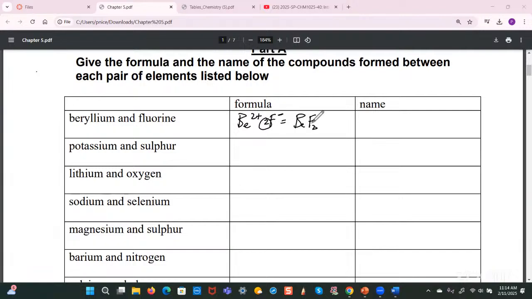This 2 becomes the subscript right here, right? So that's the formula. What about the name? What's the name of this compound? Fluoride, exactly. Okay, so what I want you guys to do is to complete this table.